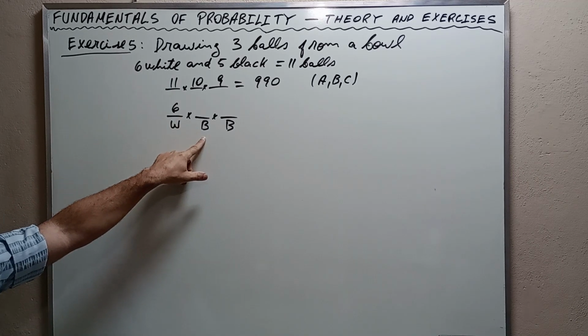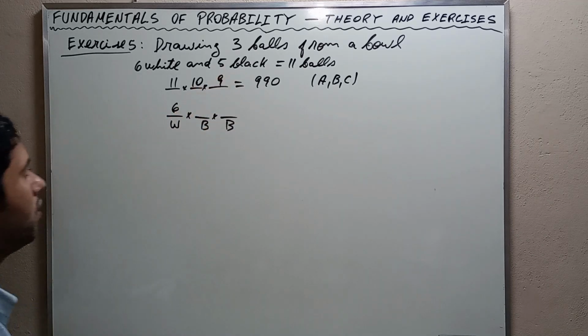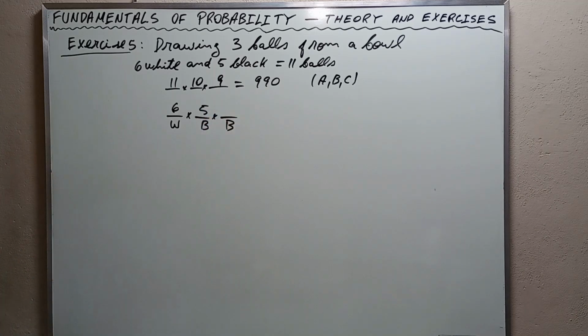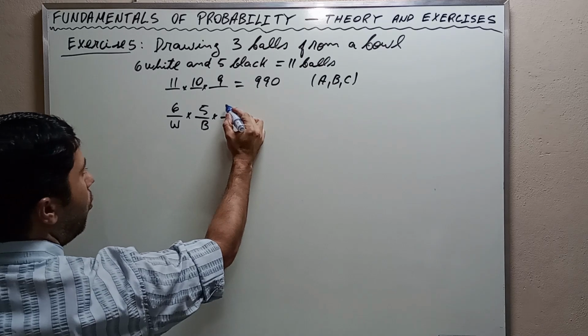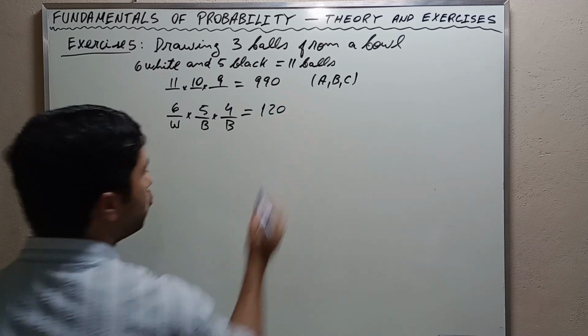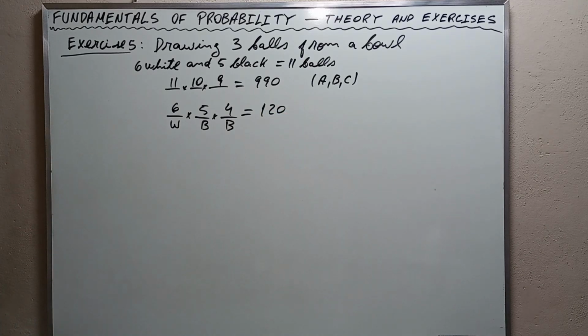And for the black ball, we have 5 possibilities. If we already removed one of the black balls, when we draw again, we only have 4 possibilities for the next black ball. Multiplying, we have 120 outcomes in which the first selected ball is white and the other 2 are black.